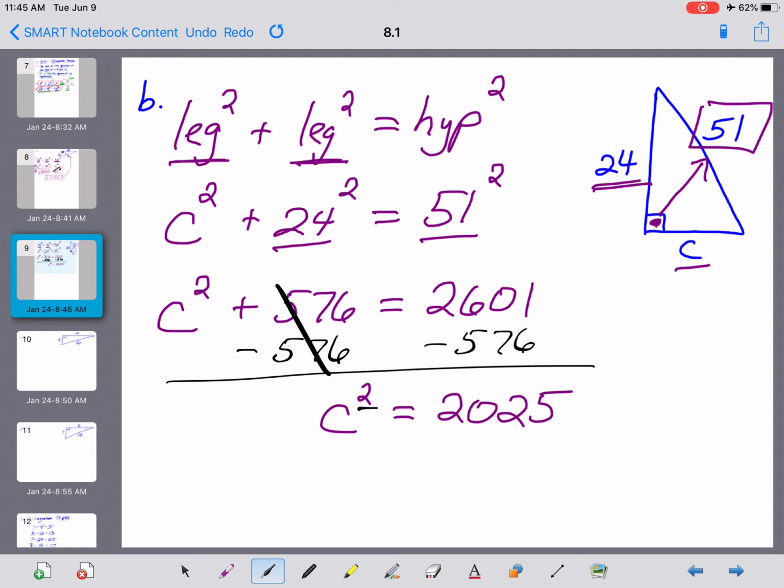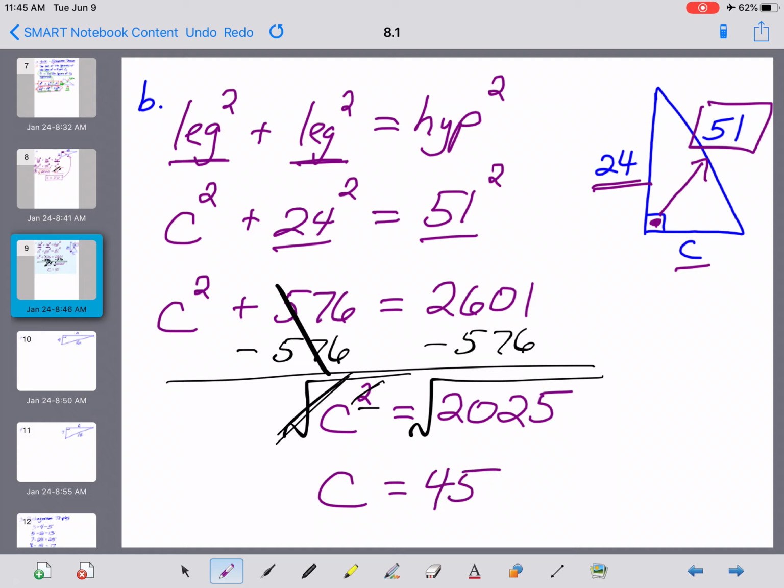We undo this square by taking a square root on the left, and we balance that out with a square root on the right. The square and the square root cancel, leaving just a c over there on the left. And the square root of 2025 ends up equaling 45.